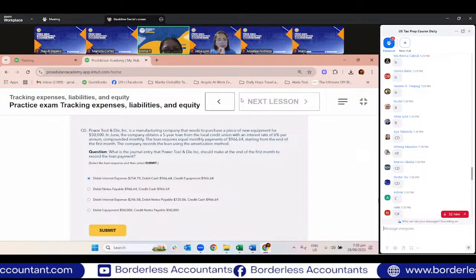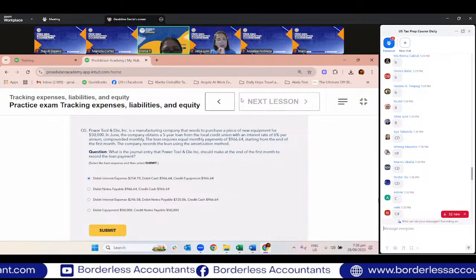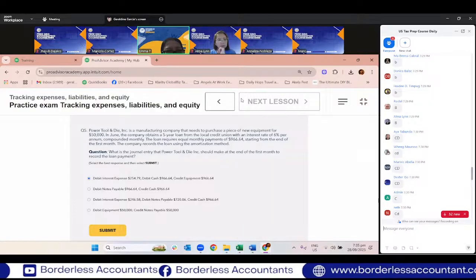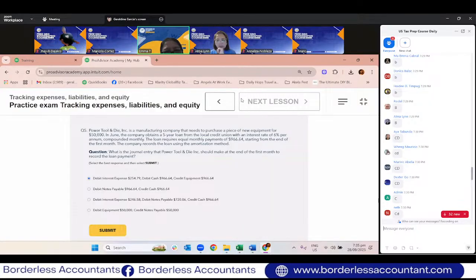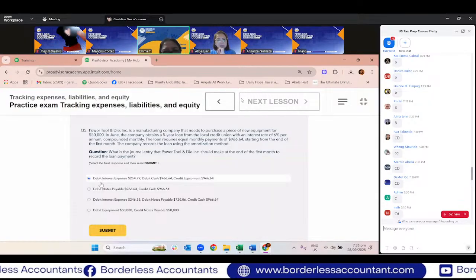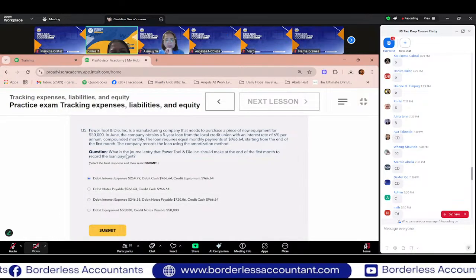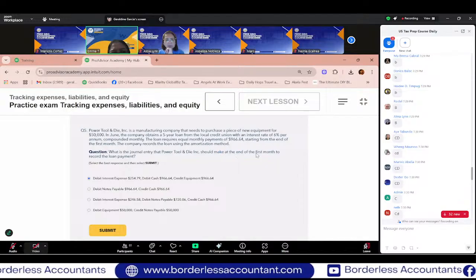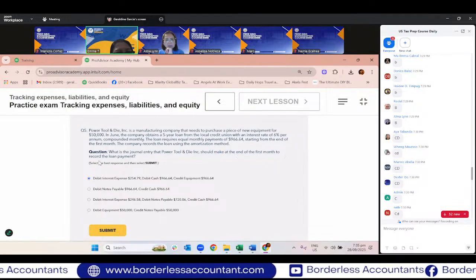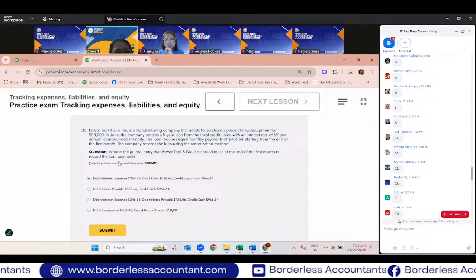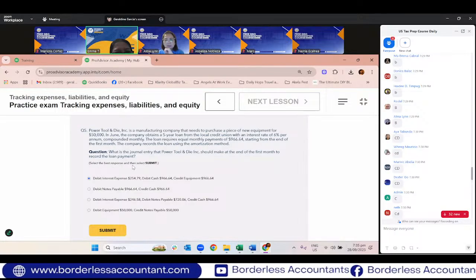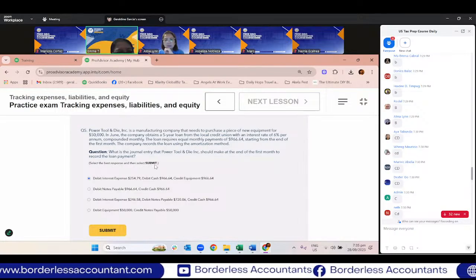The company records the loan using the amortization method. Question: what is the journal entry that Power Tool and Die Incorporated should make at the end of the first month to record the loan payment? Select the best response and click submit.